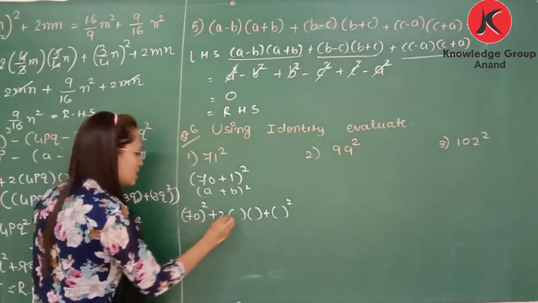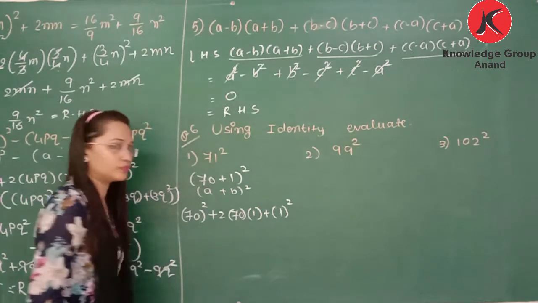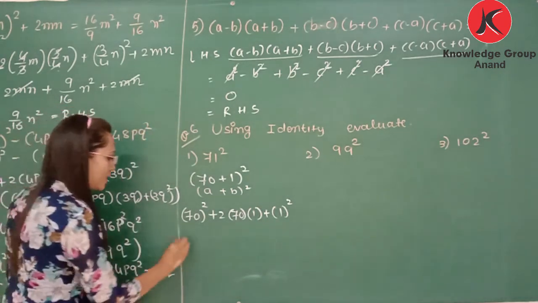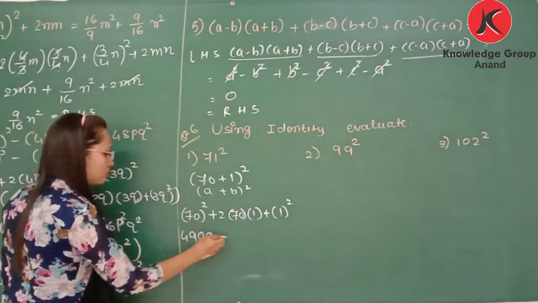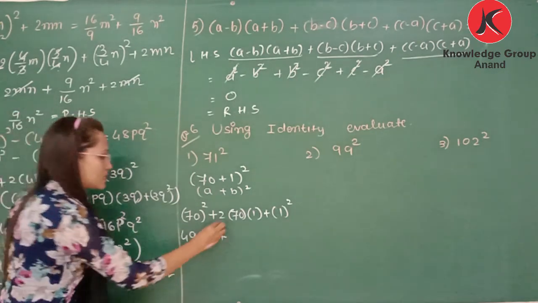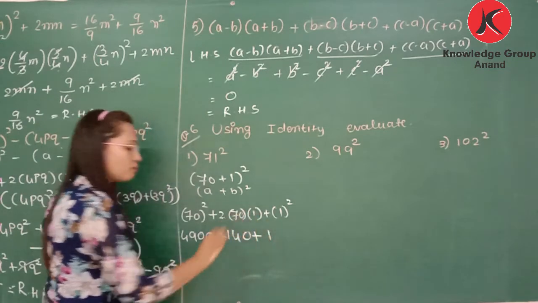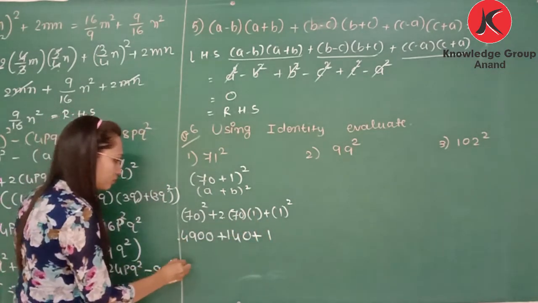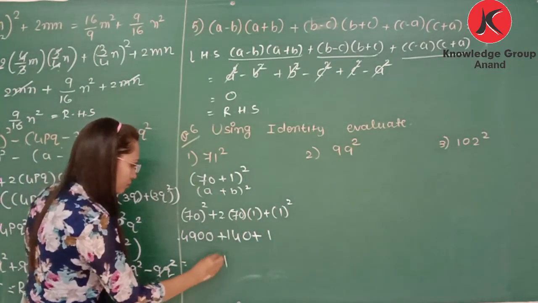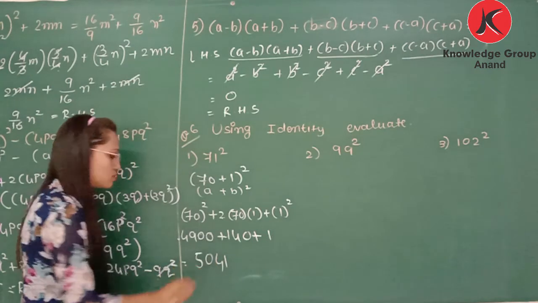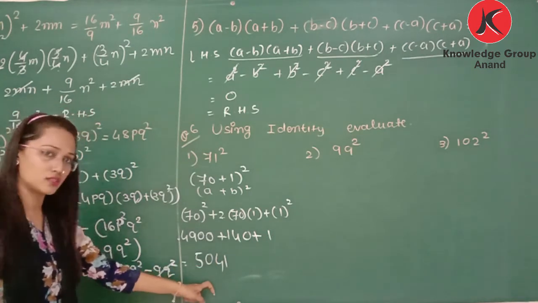So it is 70 square, 70, 1 and 1. 70 square is 4900 plus 7 2s are 14, so 140, plus 1. Now add: 5041. So this is our answer.